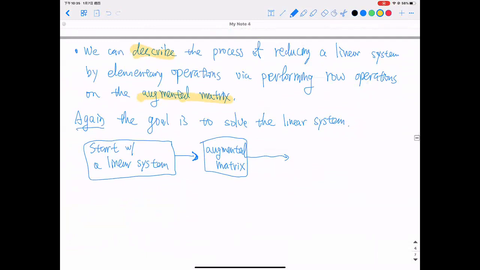The next thing to do is to perform row operations. And keep in mind that these row operations correspond to elementary operations on linear systems.